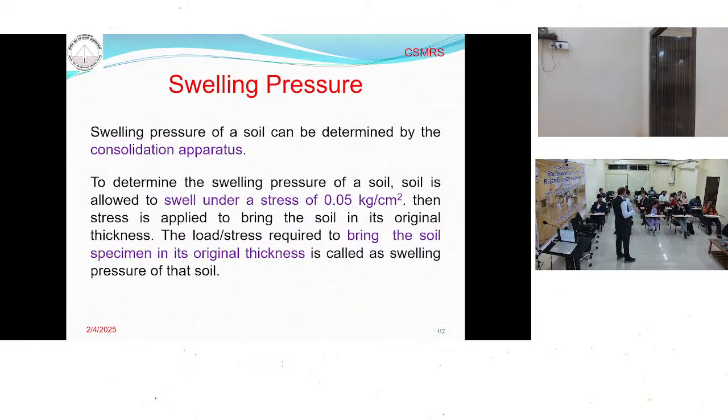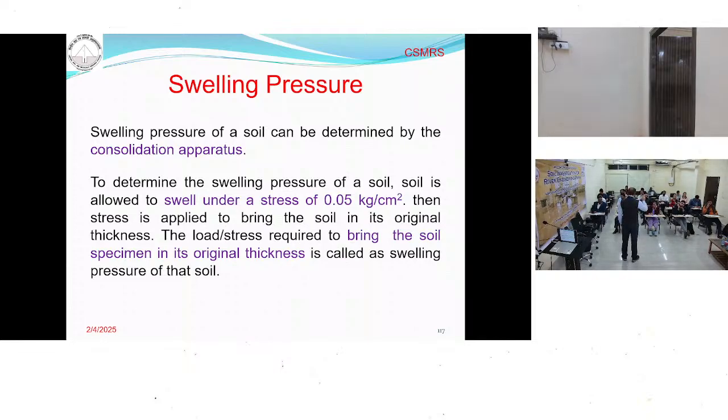To determine the swelling pressure, we conduct the consolidation test. In the consolidation test, we allow the soil to swell. After that, we apply loads and bring it back to its original thickness, and then we determine under which load or stress it comes back to that original position.